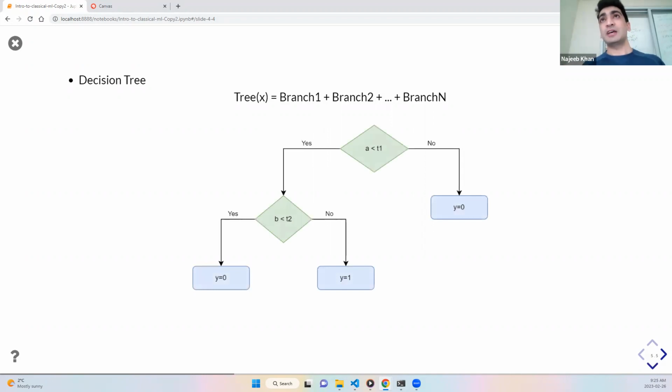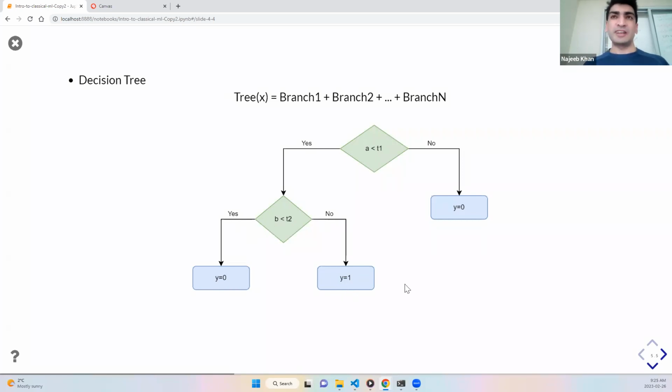If we have, let's say, features A and B as inputs, we can define some thresholds. Is A less than the threshold T1? If it is no, then the output is 0. If it is yes, then is B less than threshold T2? If the answer is yes, then the output is 0. Otherwise, the output is 1.